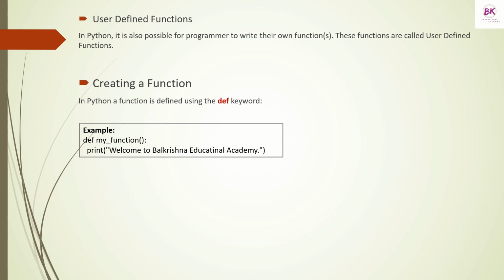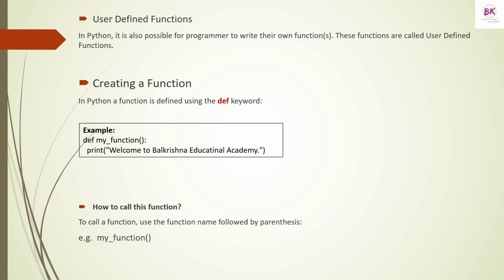In order to get the output, we need to call this function from another area of the program. To call a function, use the function name followed by parentheses.